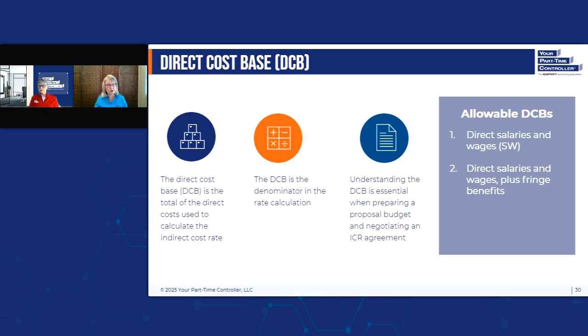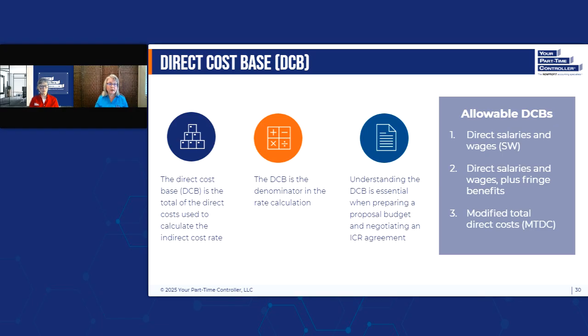And if you're unsure about what is included in fringe benefits, this pool typically covers costs such as payroll taxes and employee benefits. Organizations can choose whether to include the cost of paid leaves in the fringe benefits pool. Personally, I prefer to keep paid leaves in the salary lines as it simplifies budgeting and tracking. And the third allowable direct cost base is modified total direct costs, or MTDC.